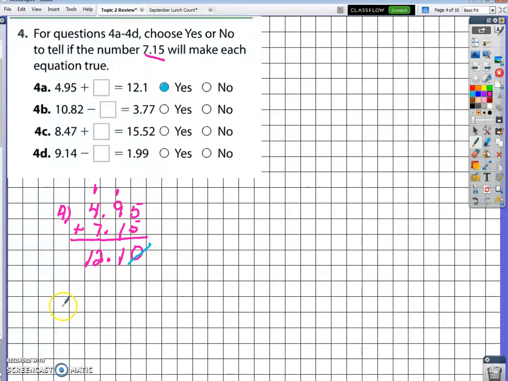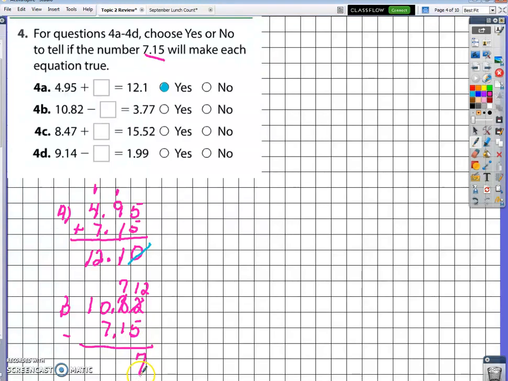Let's go and do B. B says 10 and 82/100 minus, we're going to plug in 7 and 15/100, and let's just see what we get. 2 minus 5 I cannot do, so I have to borrow. I borrow from my 8 and make it a 7. This then becomes 12, and I do 12 minus 5 is 7.